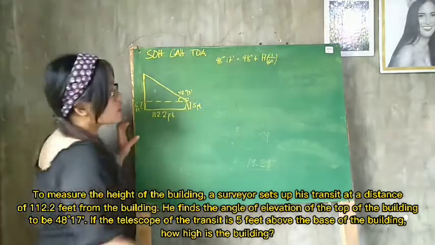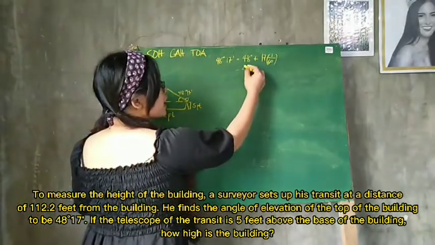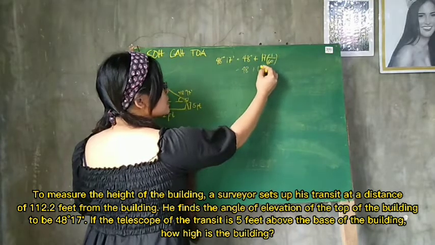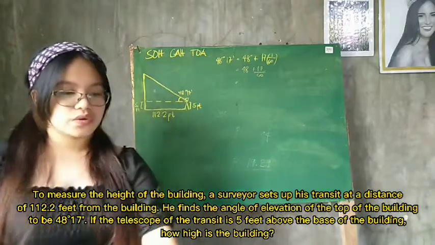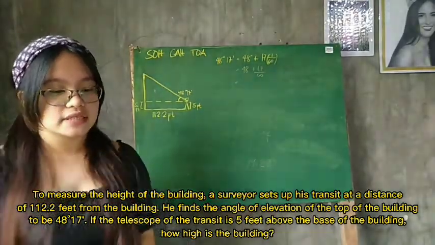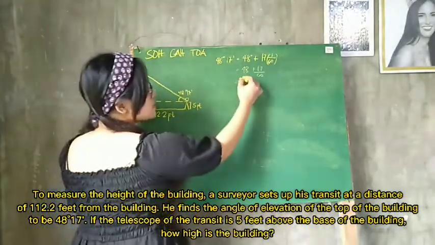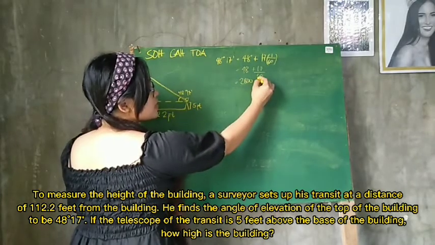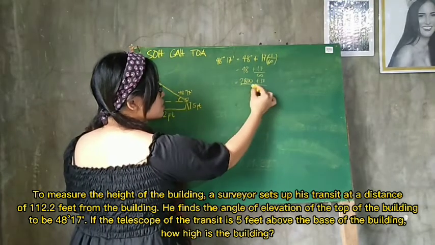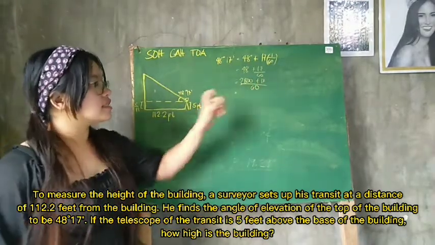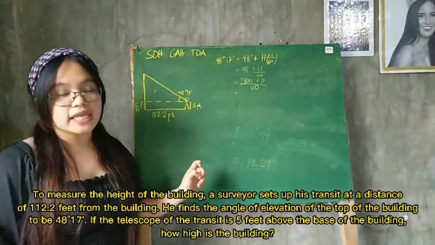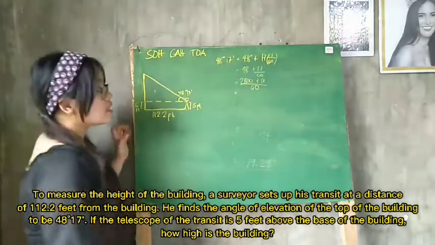Then we have 48 plus 17 over 60, which is 2,880 plus 17 over 60, or 2,897 over 60.